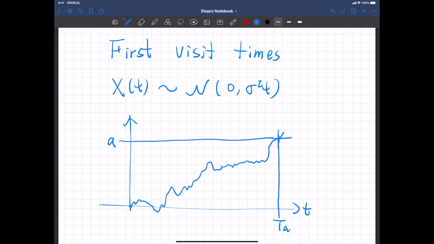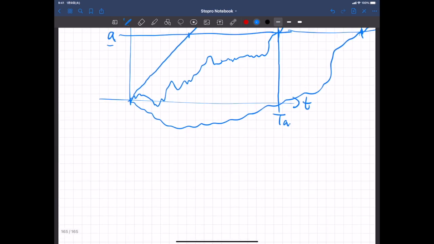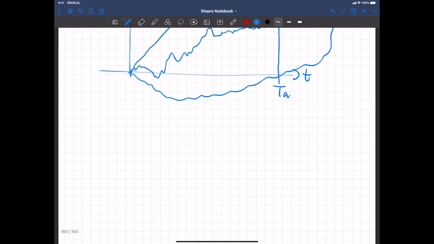Okay. Sometimes it goes like this. It may take a long time to reach this A. Sometimes it goes straight up to A, so the time may be very short. So how do we formulate this problem? First we define two events.